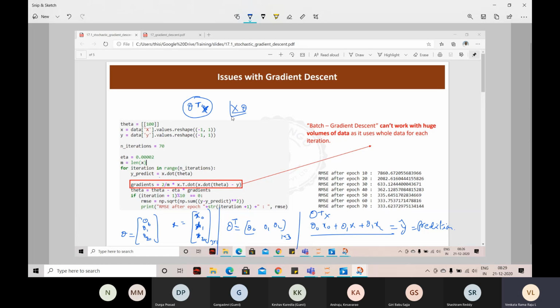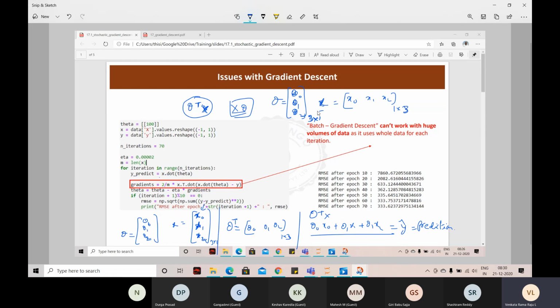Okay, what is X theta? Suppose your theta is like this. What is the dimensionality of this? 3 by 1. And your X is a row only. Here what we did was take the row as a vector, representing x0, x1, x2 like this. But if your row is like this, x0, x1, x2, this is actually a 1 by 3 matrix.